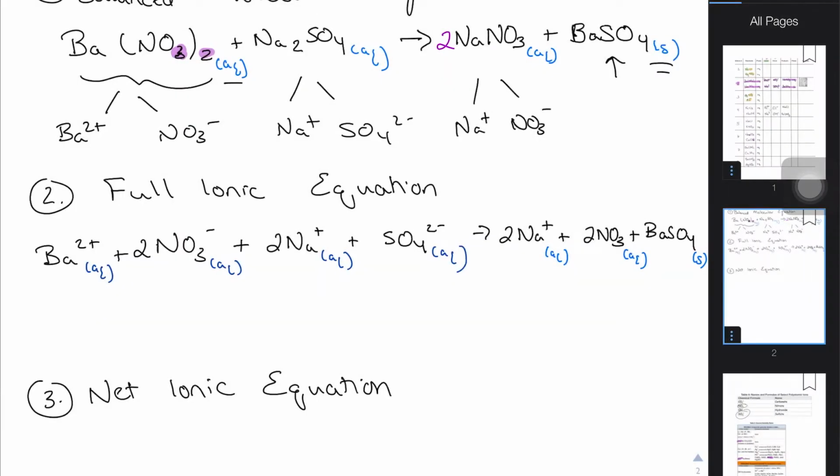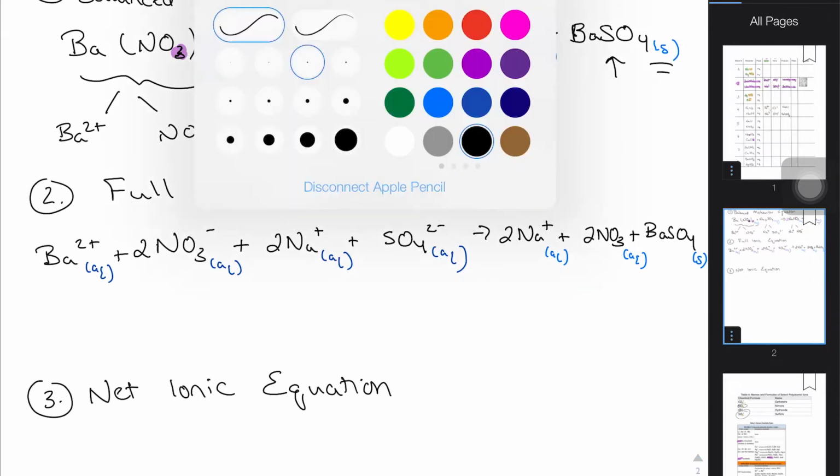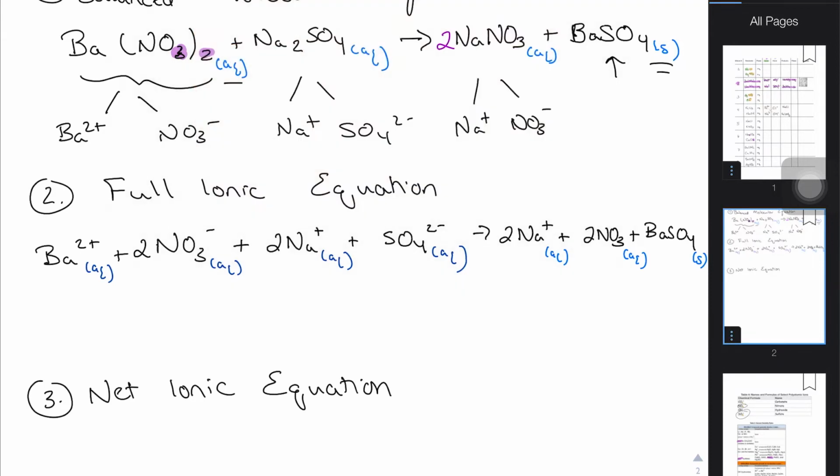So the last thing you have to do is write the net ionic equation. This should be the easiest step. What the net ionic equation does is it only considers the ions that go to form your solid. So I'm underlining BaSO4, which is our solid. And to make BaSO4, we need the SO4 group and we need the Ba.